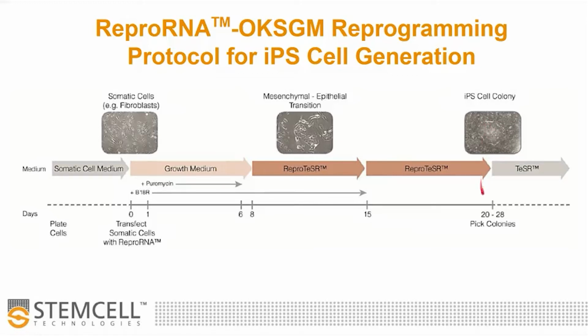And that can happen anywhere between days 20 and 28. And that's time then to go in and manually pick those colonies. We have a video a little later on to show you how to do this. Then you take those picked colonies and you would expand them in TeSR medium. And in our next lecture, we'll talk more about the maintenance media that's available to your customers.